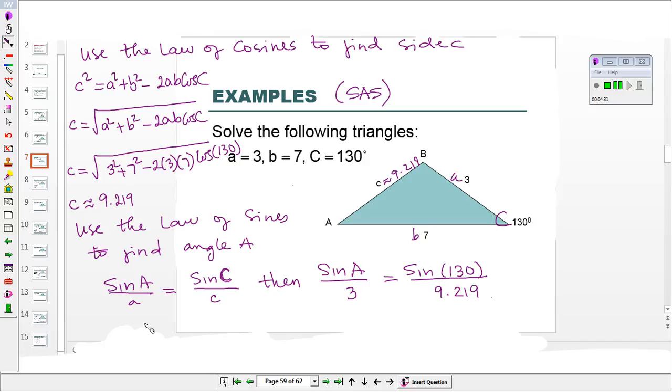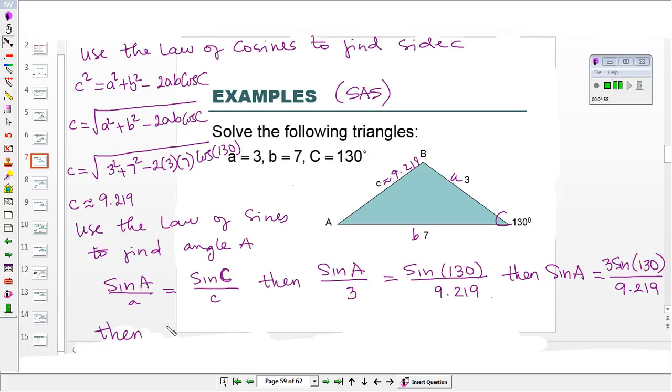Now we are going to solve for sine A first. Then sine of A is 3 times sine of 130 divided by 9.219.